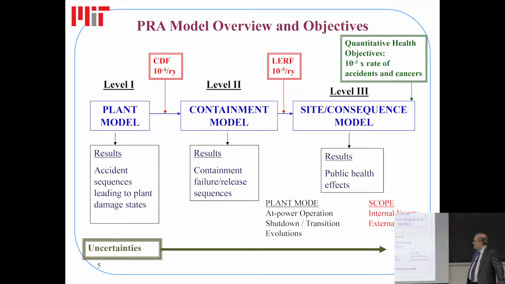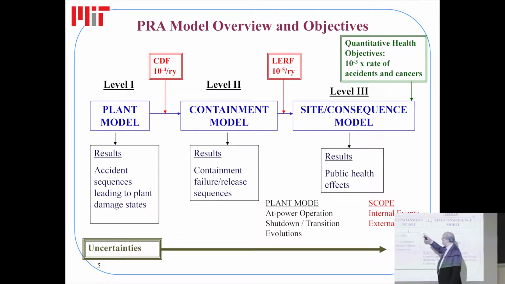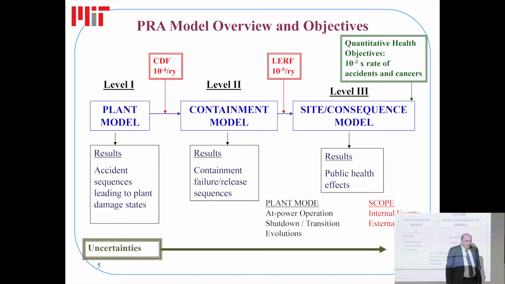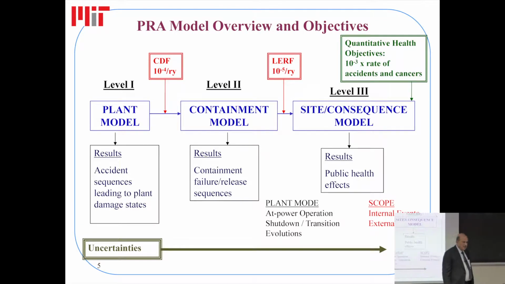The results of this analysis are accident sequences that lead to damage of the fuel. And you see the goal up here. I mentioned the two metrics we use, core damage frequency and LERF. The goal is once every 10,000 reactor years. The frequency of damage in the fuel should be less than that.